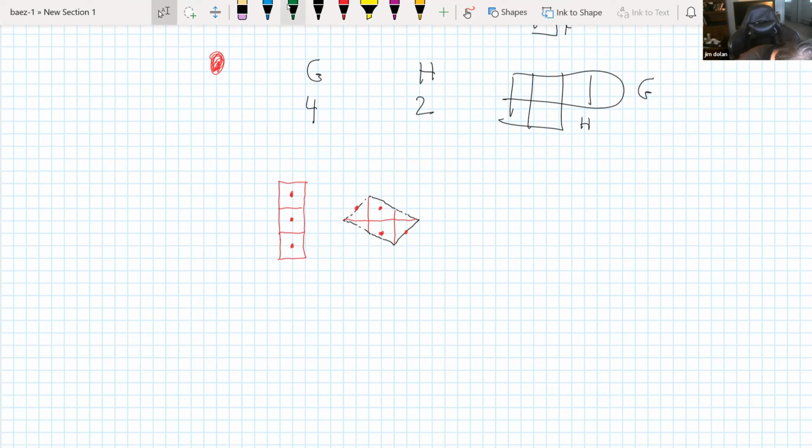Again, there are all these different drawing styles. One of the drawing styles that you can use is you can put in the greens and then the blues, and the blues go there.